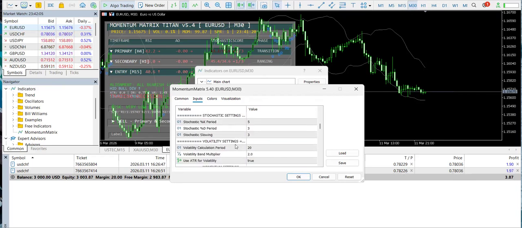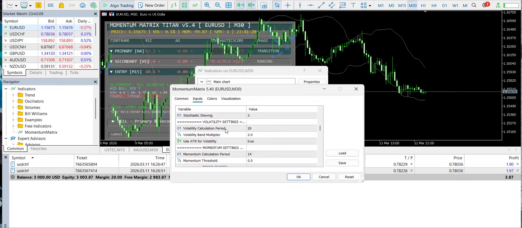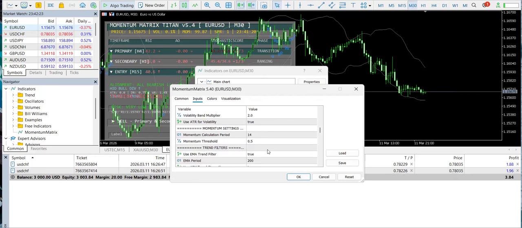I designed this indicator specifically to help you. Volatility settings, you can leave these also. This has a specific user manual to help you understand how to use and operate it. Momentum settings, you can leave just like that. For the rest, use exponential moving average, and make sure the trend filter is set to true.